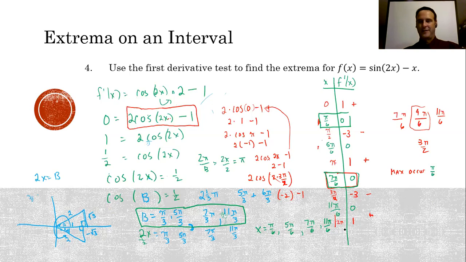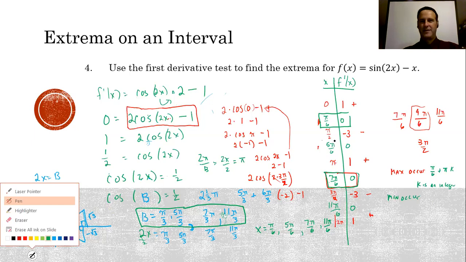Okay. So I'm going to write that. I'm going to say 7 pi over 6 plus pi k, okay, where k is an integer. And if I were to say a min, okay, it's going to be this one here. Let me put a different color here. Blue.